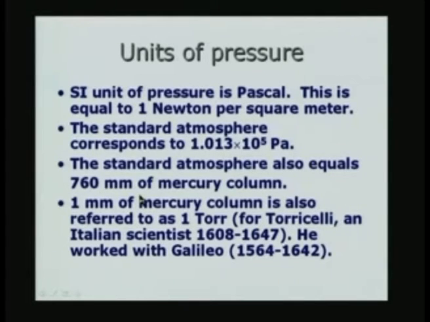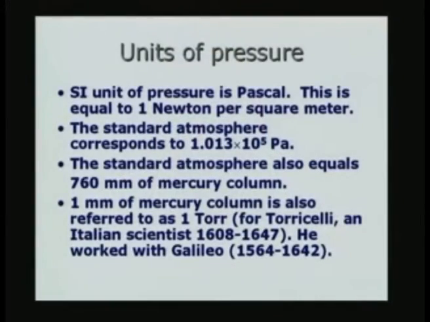That means, if you have a column of mercury which is 760 millimeter tall, at the base of that column the pressure will be exactly equal to 1 standard atmosphere. Sometimes the unit of bar is also used. 1 bar is roughly equal to 1 atmosphere, but slightly less than 1 atmosphere.